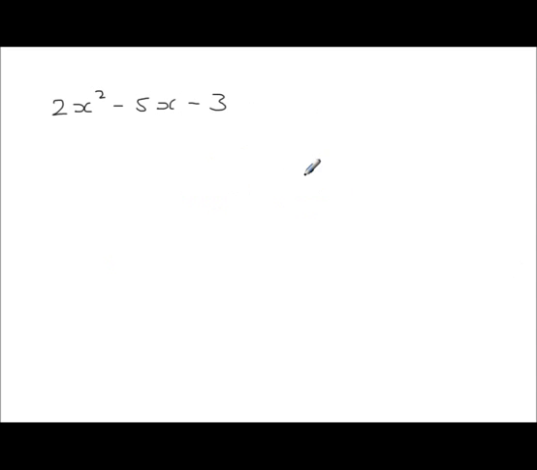In this three-term quadratic expression, the coefficient of x squared is not equal to 1, so we use a different method in this one. Okay, start off by multiplying the coefficient of x squared with the constant. So 2 times minus 3 gives you minus 6.